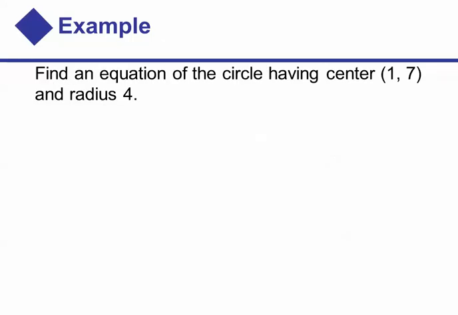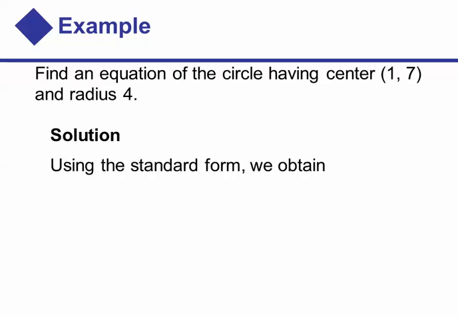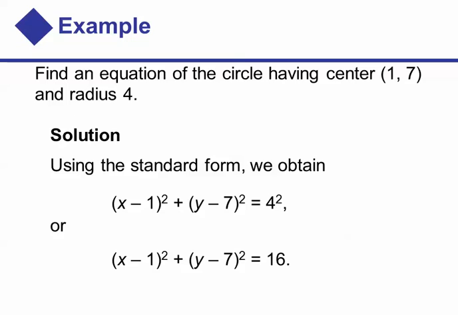So we're going to find the equation of a circle with a center of (1, 7) and a radius of 4. So we're going to use the standard form, and we're just going to put in h and k straight from our center, and put in 4 squared, our radius squared. And that's going to give us (x minus 1) squared plus (y minus 7) squared equals 16.